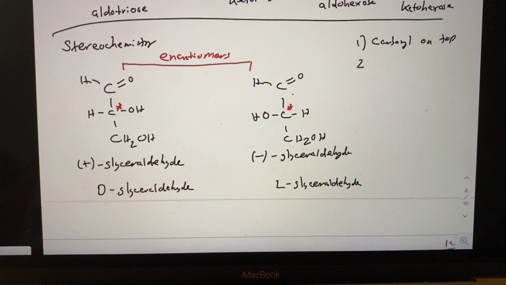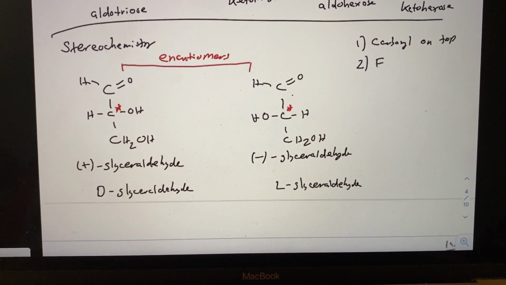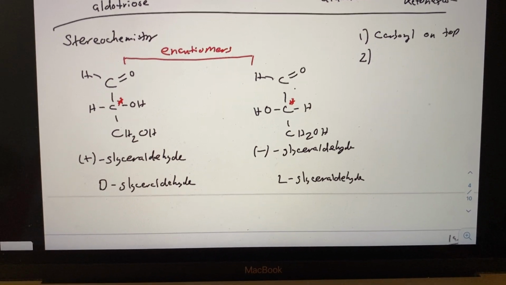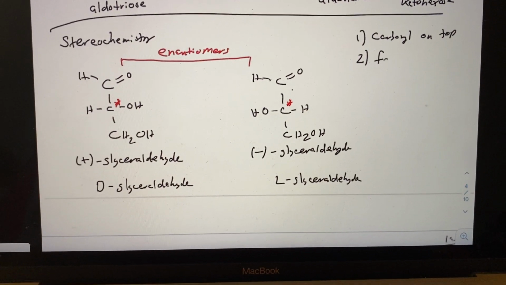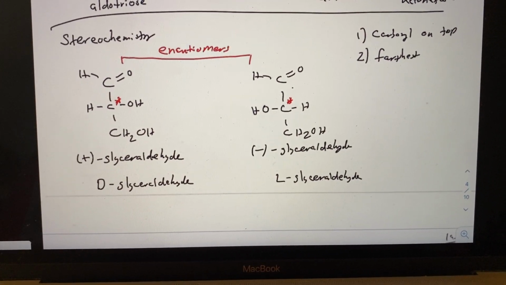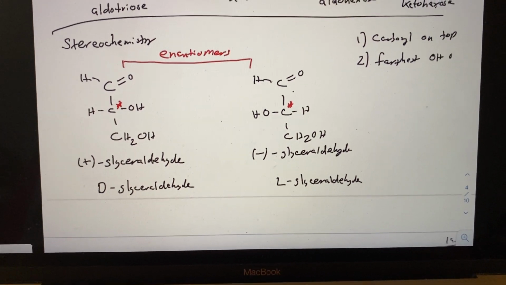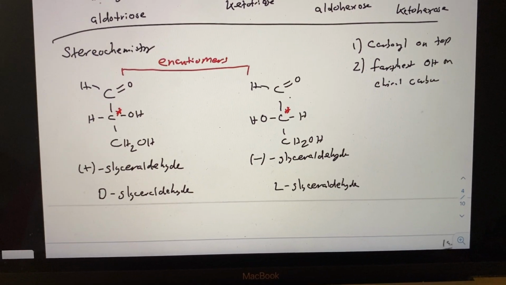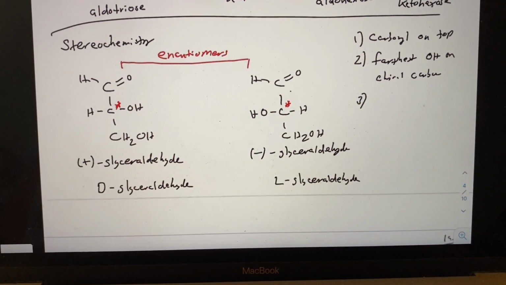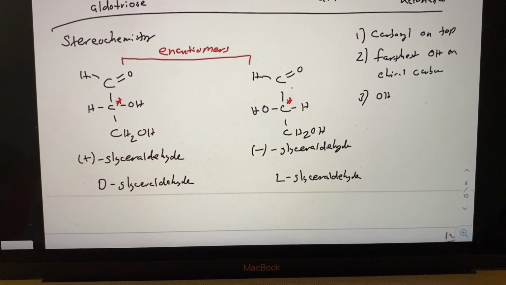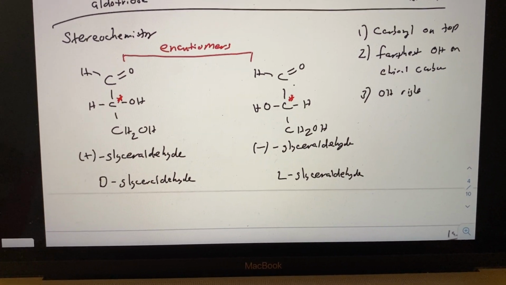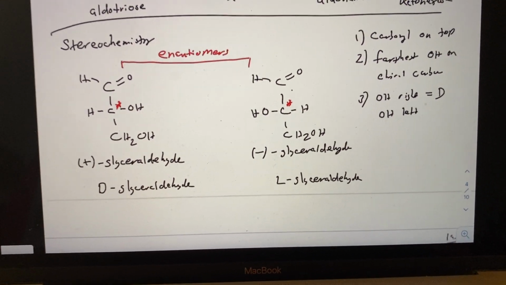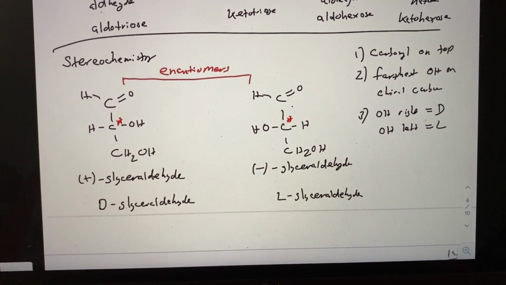And then what you do is you go to the furthest OH group on a chiral carbon. If that OH group is to the right, that equals D. If the OH group is to the left, that equals L.